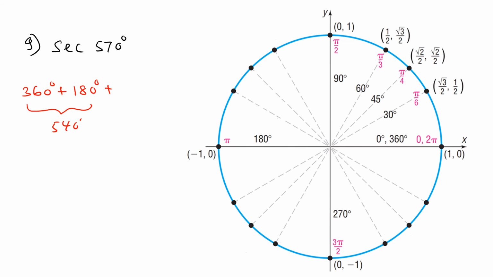This is one of the common values, but you need 30 more. So we can draw this. We start with 0. You go 360, one more 180, and we have 30 more. So that is where the angle 570 is, right here.